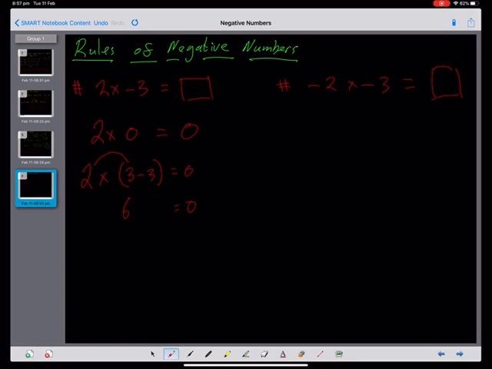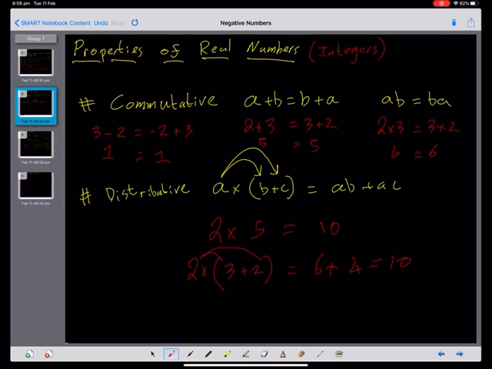So in order for this sum to equal 0, this must be negative 6. So here we can deduce that a positive multiplied by a negative is a negative. And if you remember from our previous slide, multiplication is commutative.